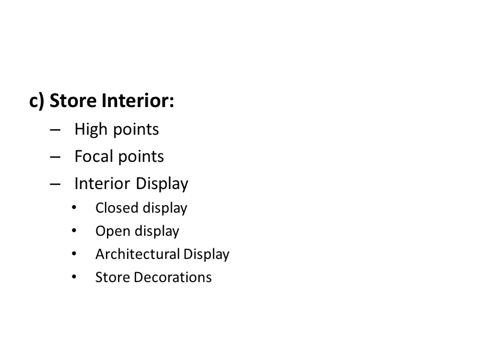In store layout, we have seen selling space, merchandise space, personal space, and customer space. And in store interior, we have seen high points, focal points, and interior display. Again, in interior display, we have discussed closed display, open display, architectural display, and store decorations.